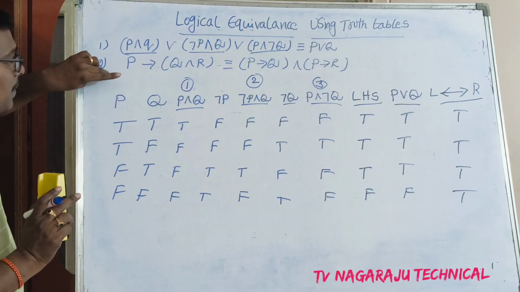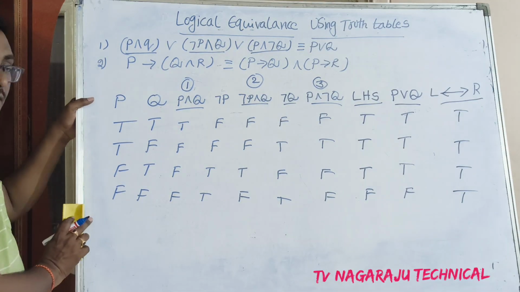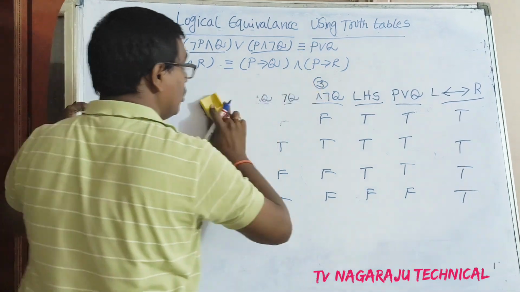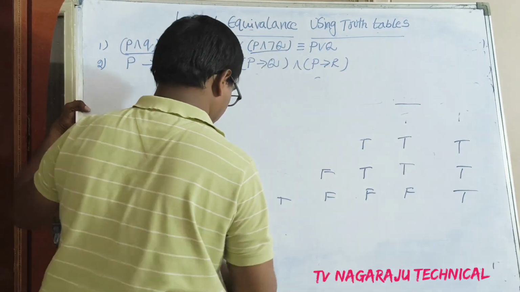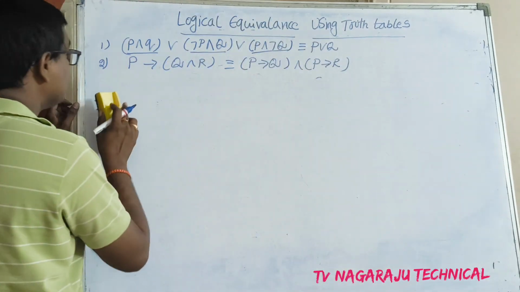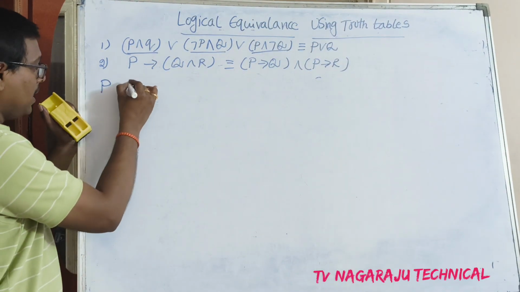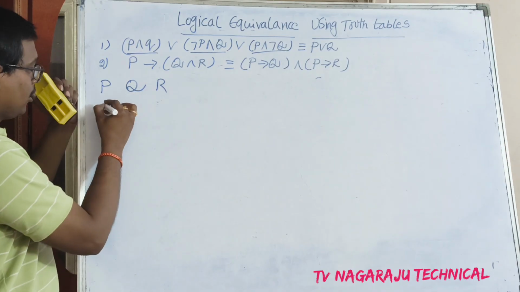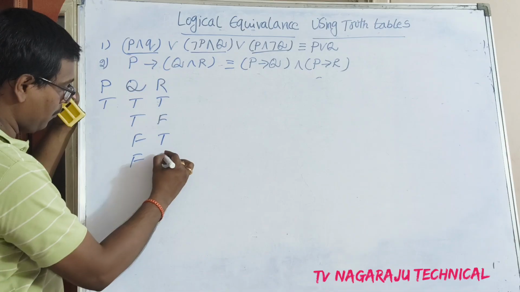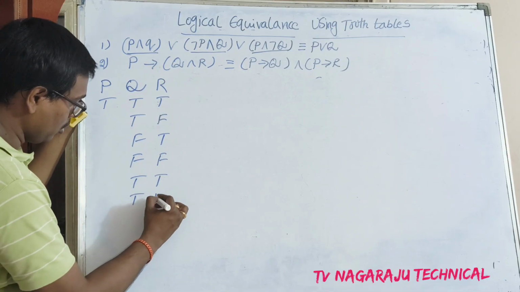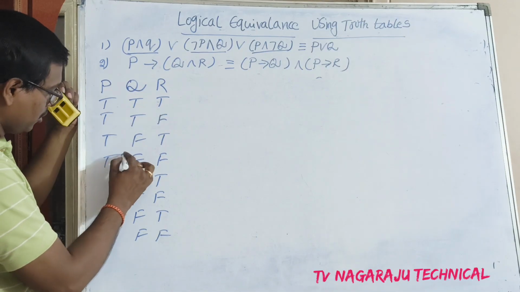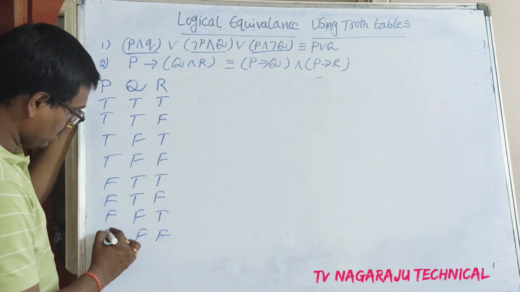Now, if they give any expression, the procedure is like this only. Anyway, for understanding purposes, we are moving to a three-variable example also. Okay, now move to this example. The three variables are P, Q, R, with all eight combinations of true and false.